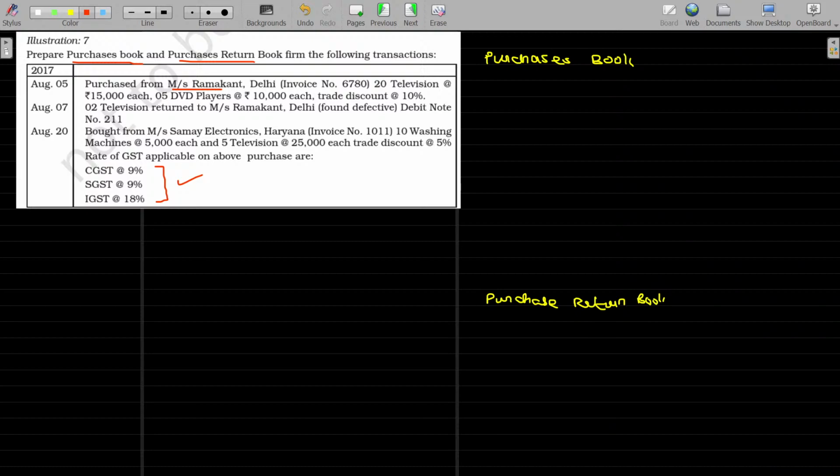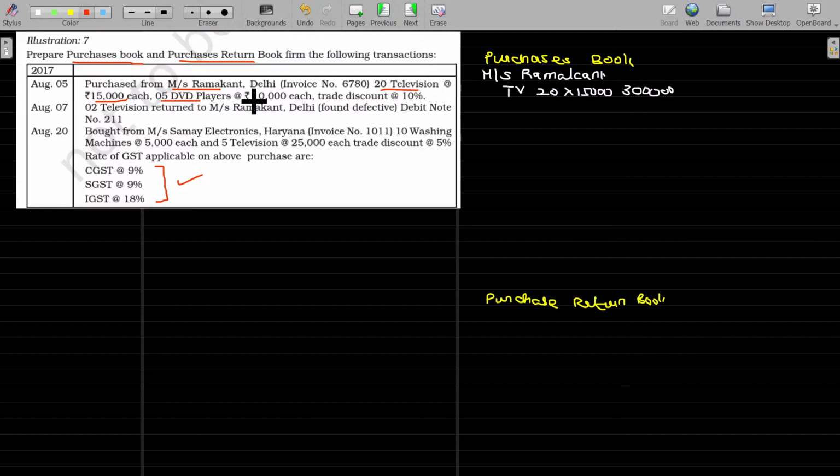Purchased from Mrs. Ramakant, Delhi, 20 televisions at rupees 15,000 each. Total being 3 lakhs.